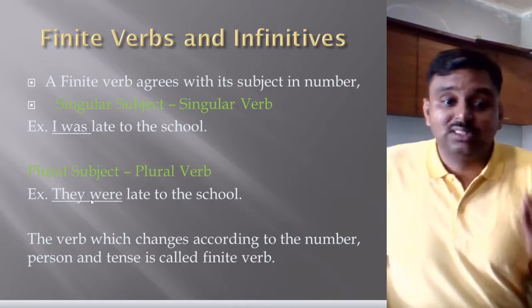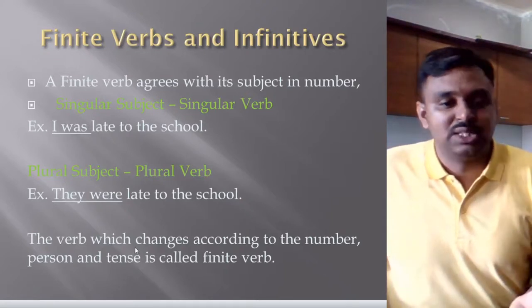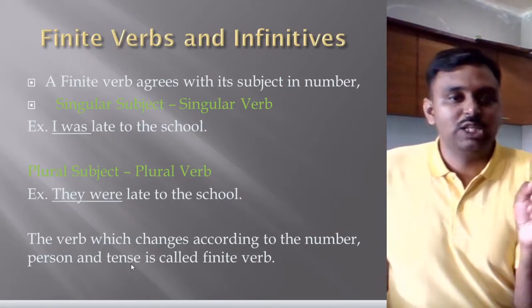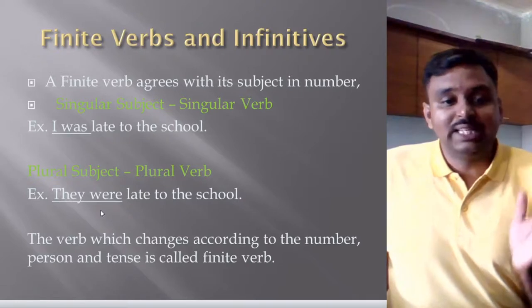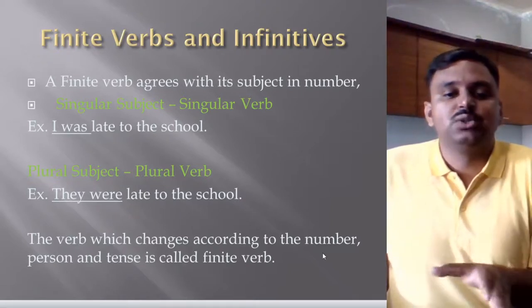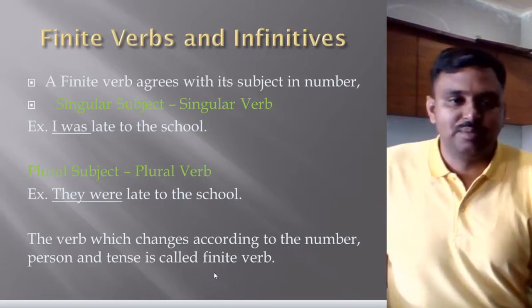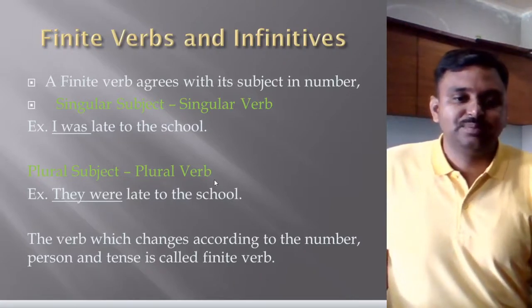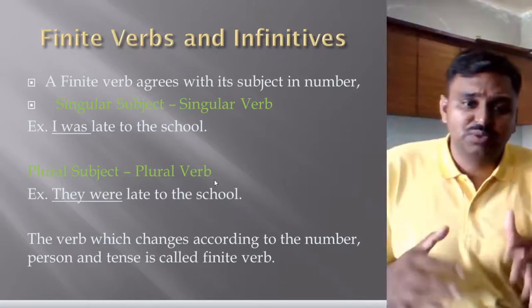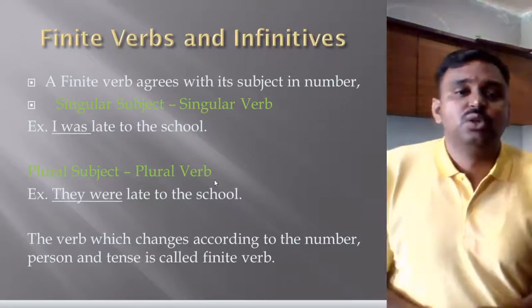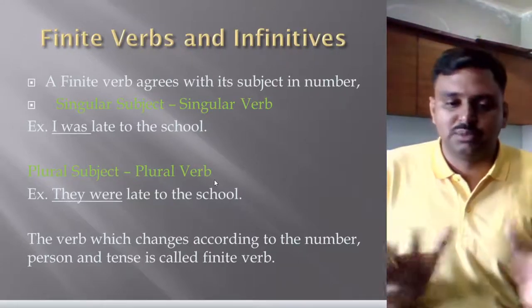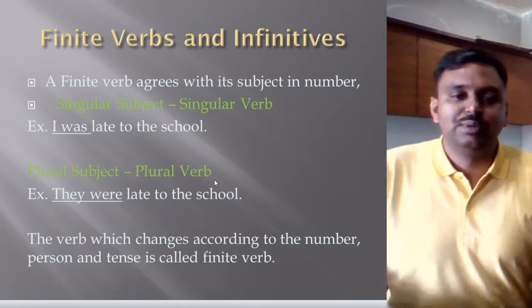So when we change the tense, the verb also changes. So commonly, a verb that changes according to number, person and tense is called a finite verb. Clear? I hope it is clear to you.